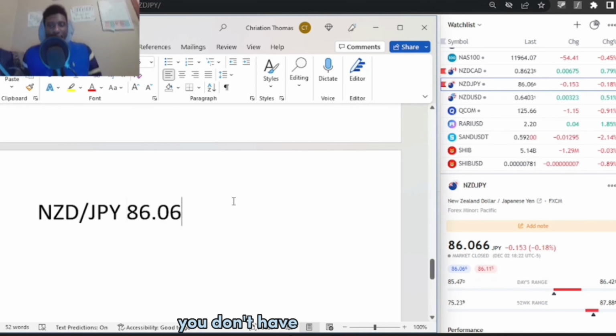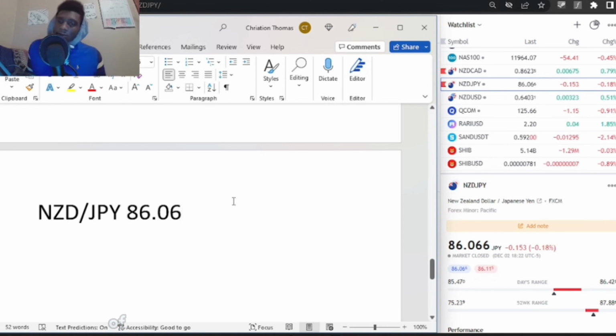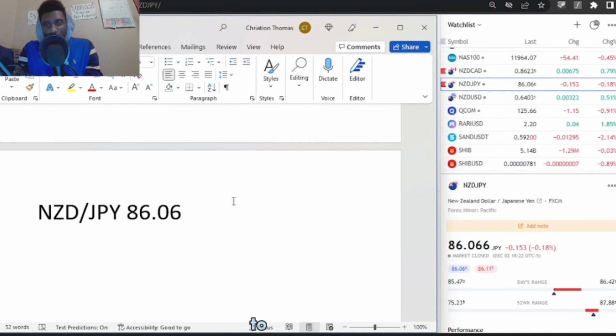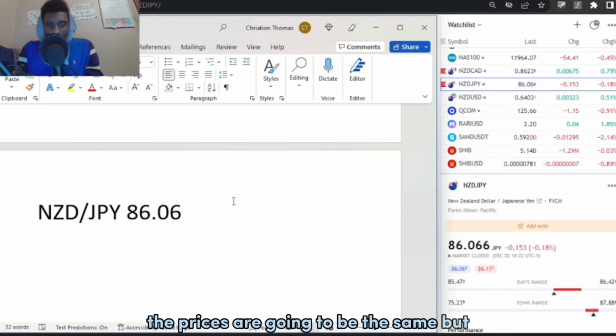Now, by the way, you don't have to get into depth of knowing which currency is stronger or weaker to understand the price, because they're going to be the same. But if you pay attention, you'll understand, and the front one's usually the weaker one.